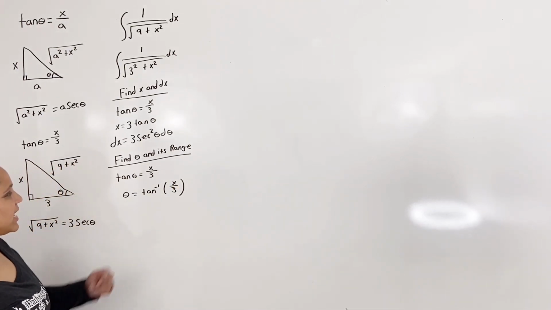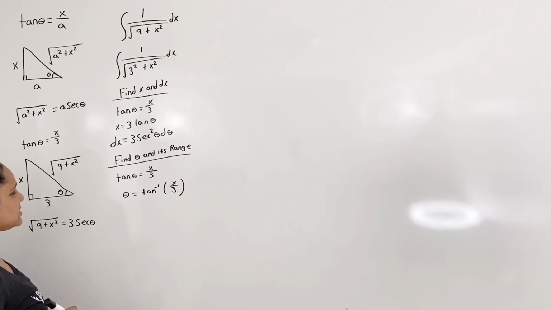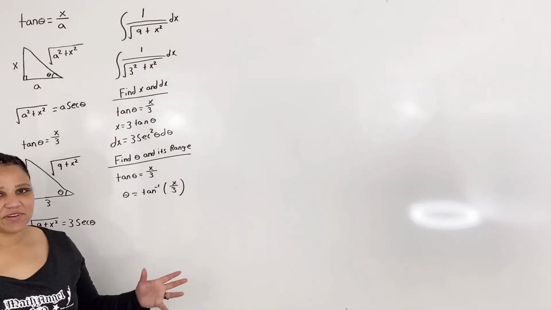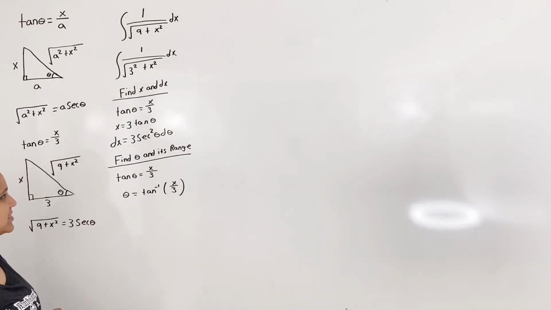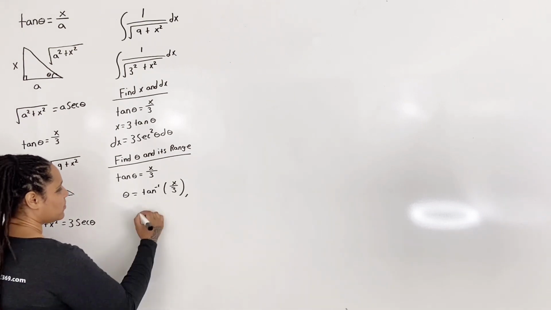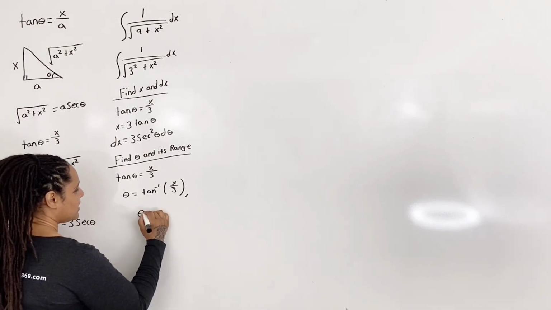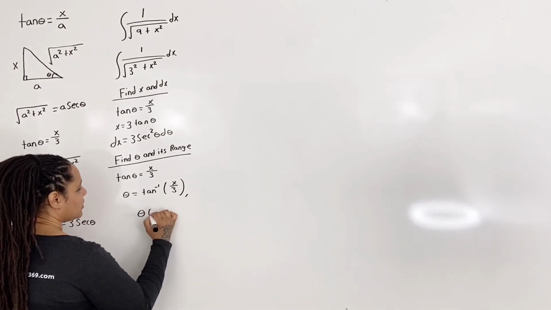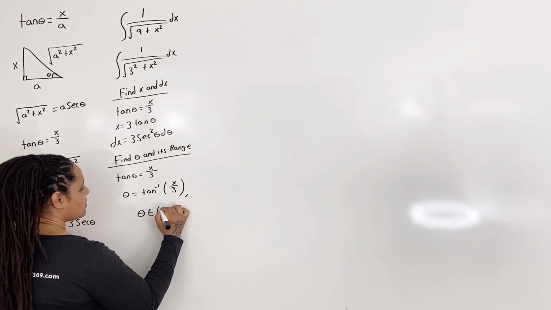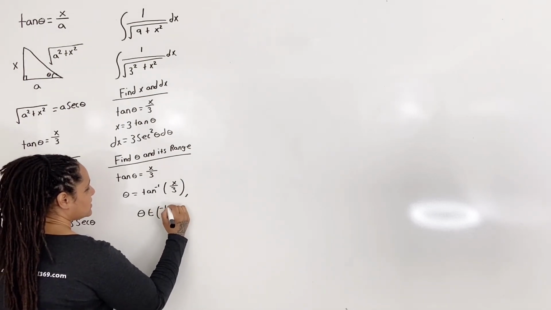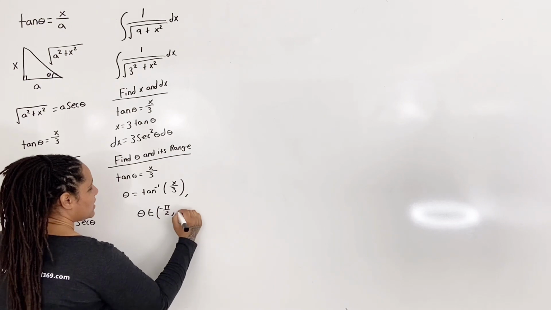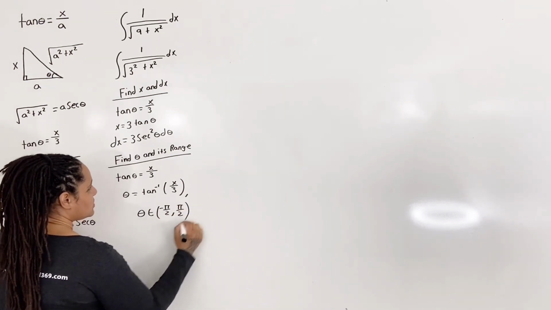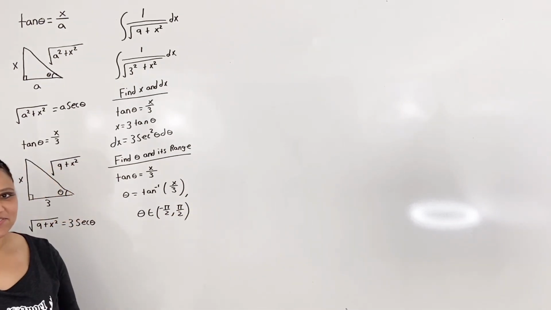And the range is between negative pi over 2 to pi over 2. So we say that theta belongs to the interval between negative pi over 2 and pi over 2. So that is the range of theta.